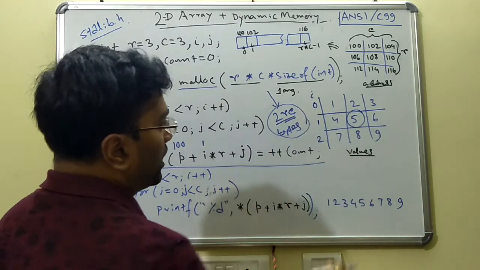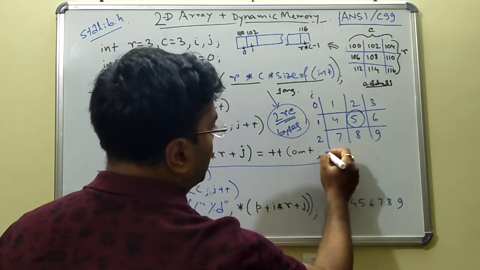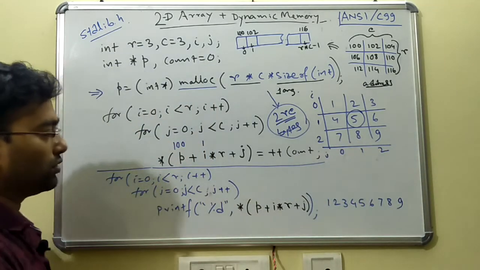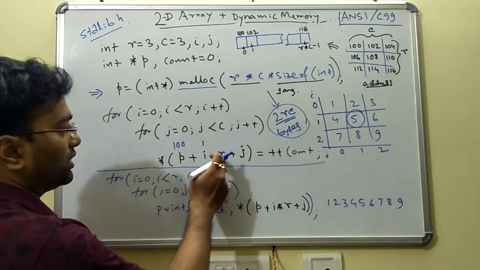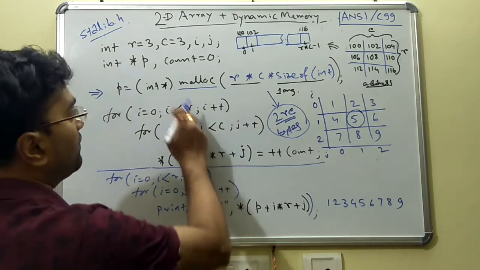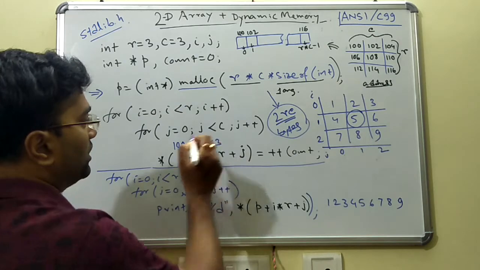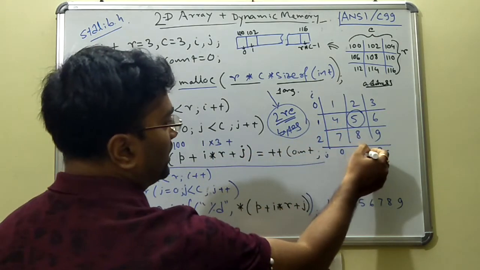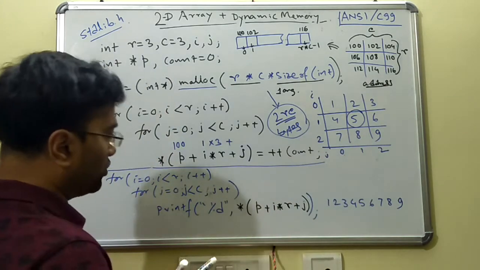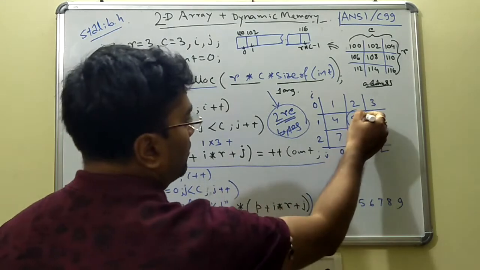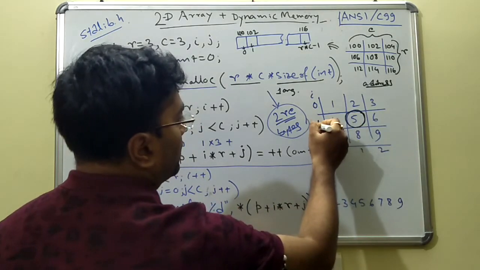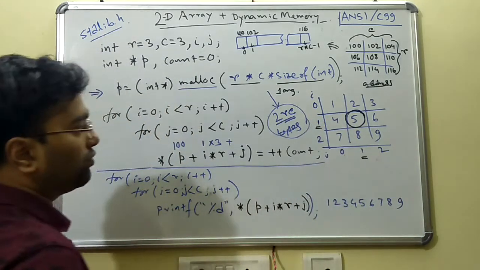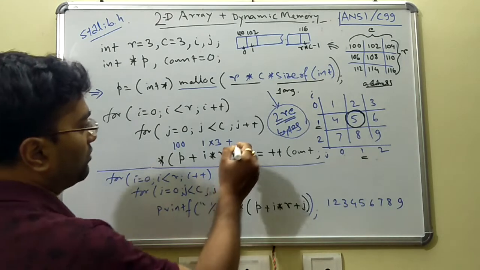And j is likewise 0, 1, 2. So this is 1 and r is actually 3, and then plus j. We are looking at this particular value, where i is 1 and j is also 1.